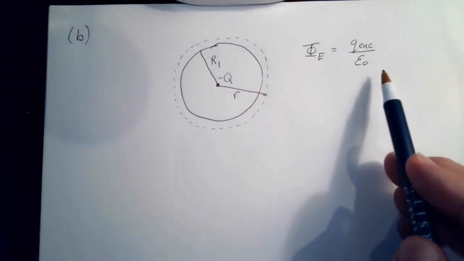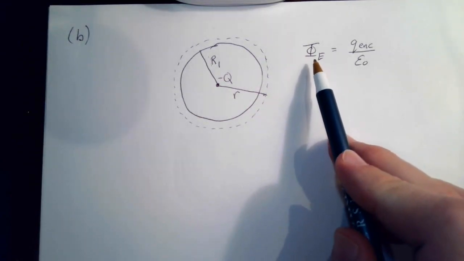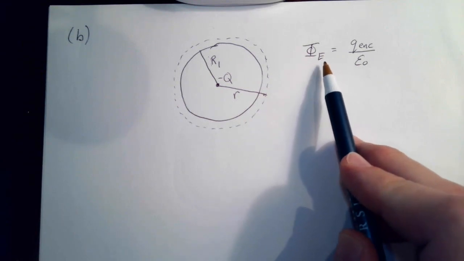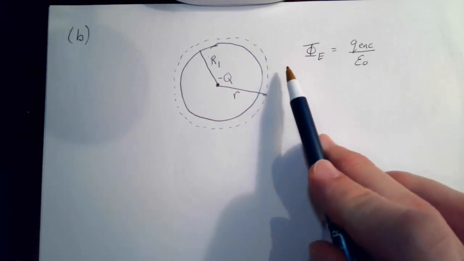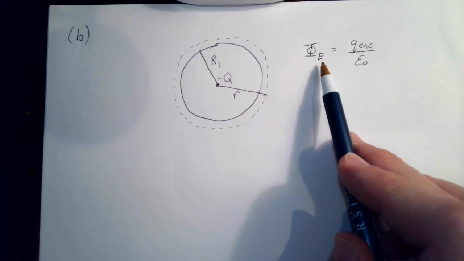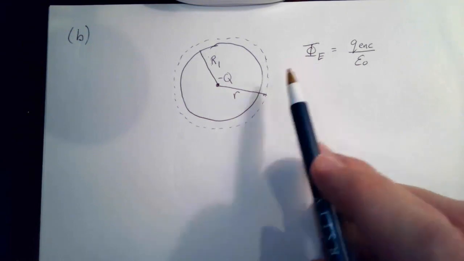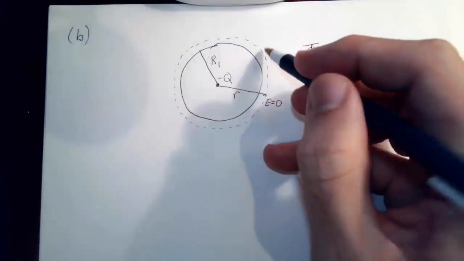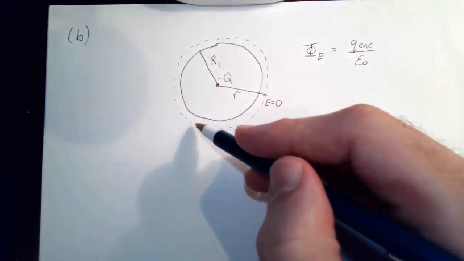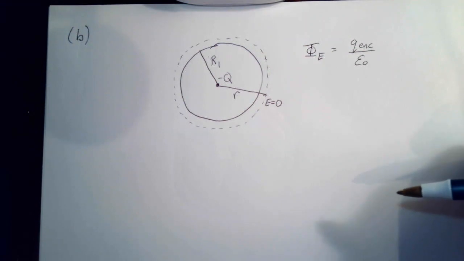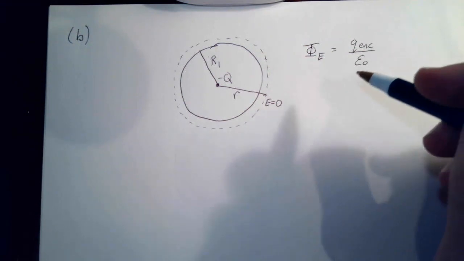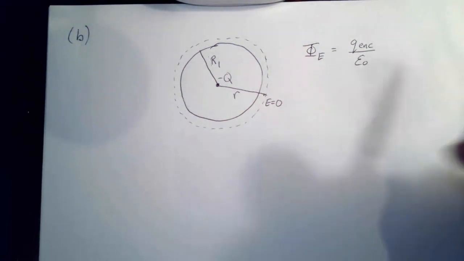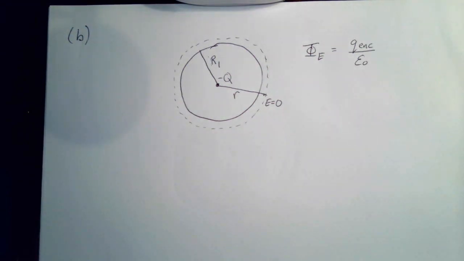Okay, so here's Gauss's law. I wrote the flux through the surface as phi e, which is just shorthand for that integral of E dot n dA. And we know that E equals zero everywhere on the surface, because we are inside a conductor that's in equilibrium, and therefore the electric field within the conductor material itself is zero.